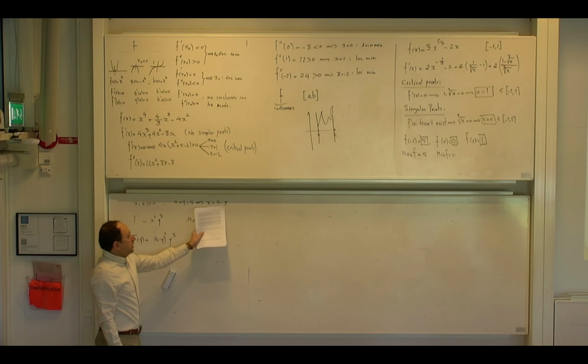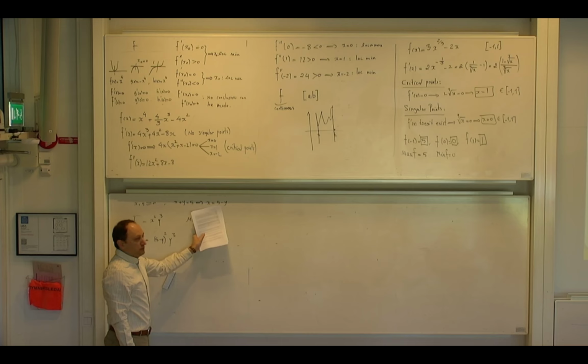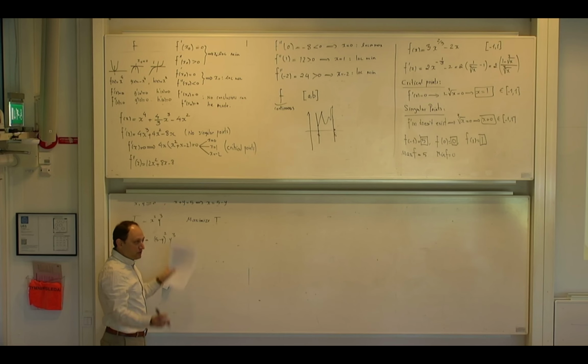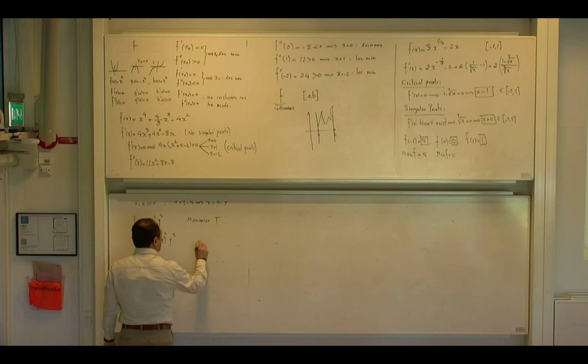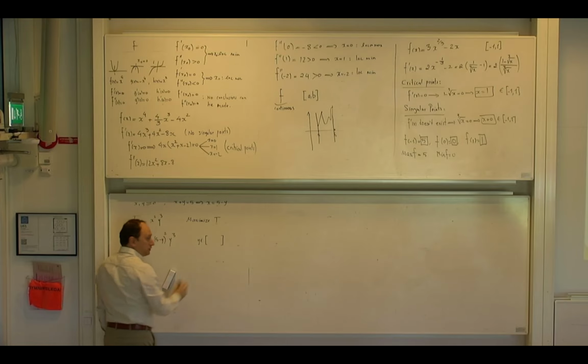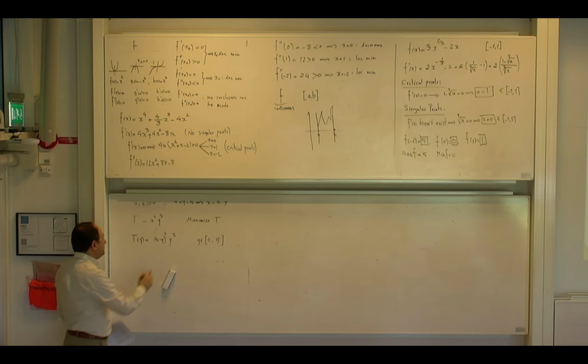Because if y is bigger than 5, then x turns out to be negative, which is still not allowed. So it means there is a limitation for y. That's exactly what I want you to understand. So here y belongs to which interval? From 0 to 5.